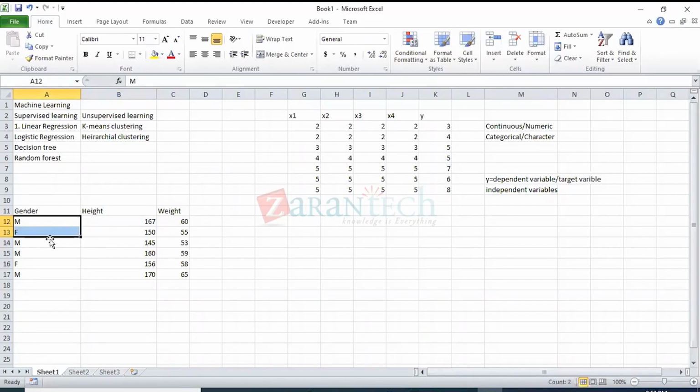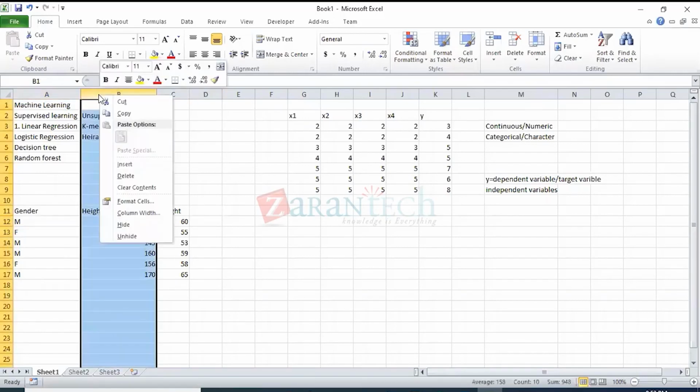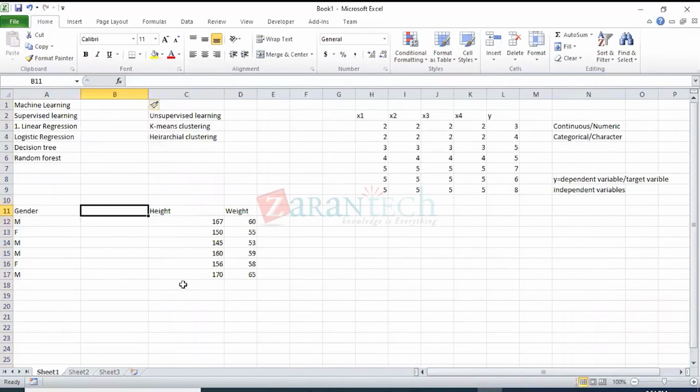Okay, this might be confusing. Let me take one more numerical variable instead. Let's consider only three for now. If age and height are linearly correlated, as age increases, my height also increases, and as age decreases, height also decreases.